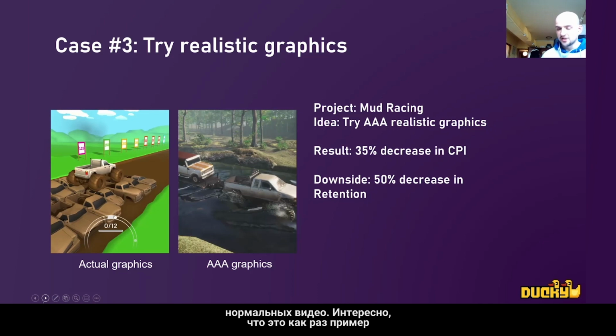So it is important to understand that this is exactly an example of a misleading video, and we proved that it could be used for hyper casual games, but the downside effect might be the same as we have with mid-core games where we have misleading ads, where we have a huge retention drop.